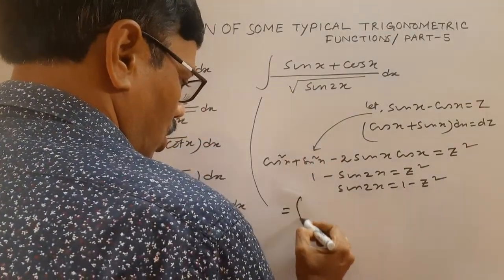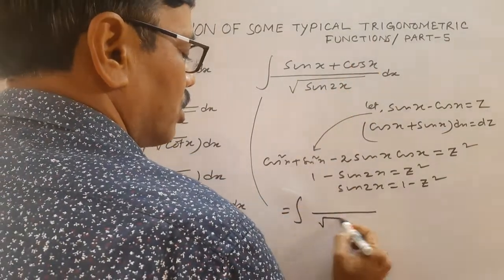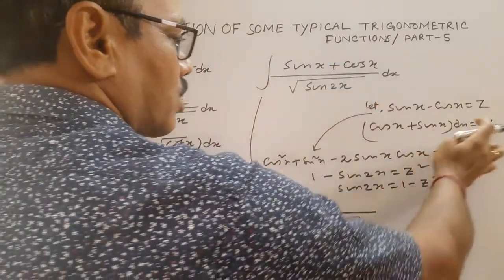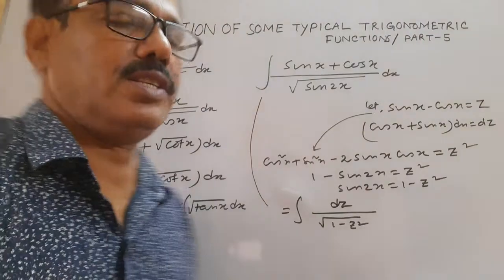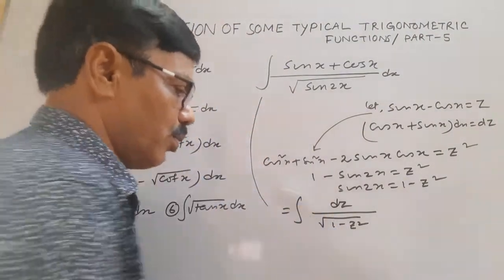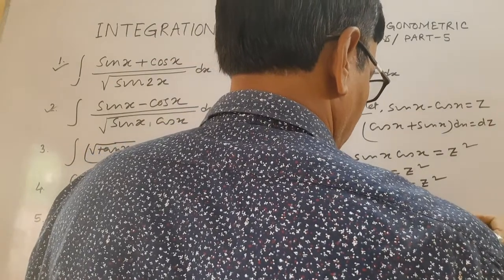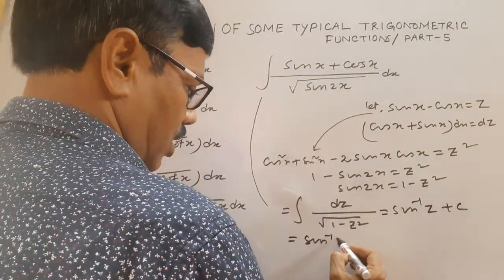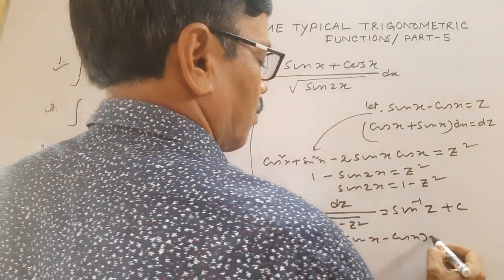Now look, the denominator is root over sin 2x, so this is root over 1 minus z square. And sin x plus cos x into dx is dz. Now this one is standard. So this is sin inverse z plus c. So put the value of z: sin inverse of (sin x minus cos x) plus c.